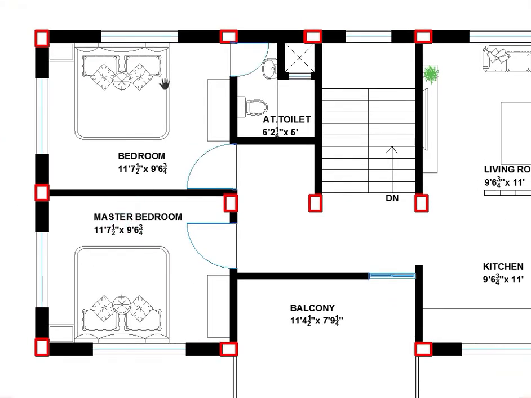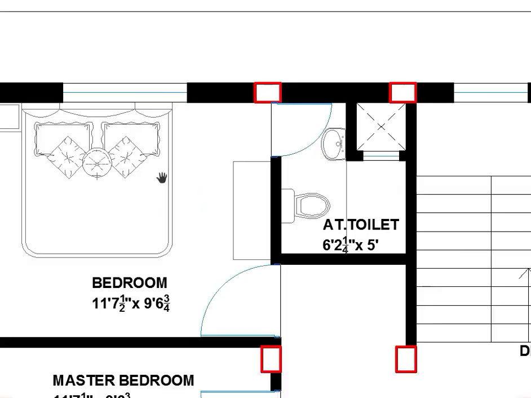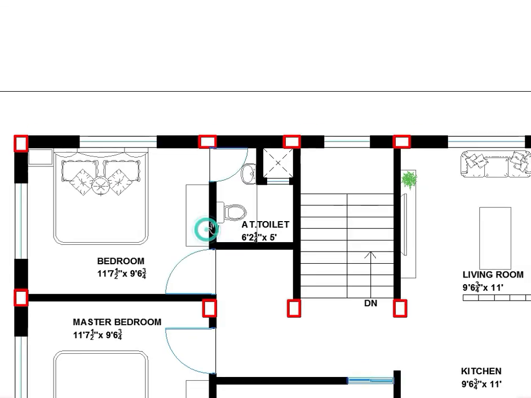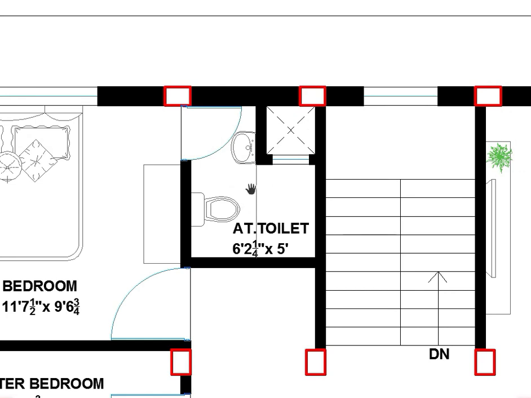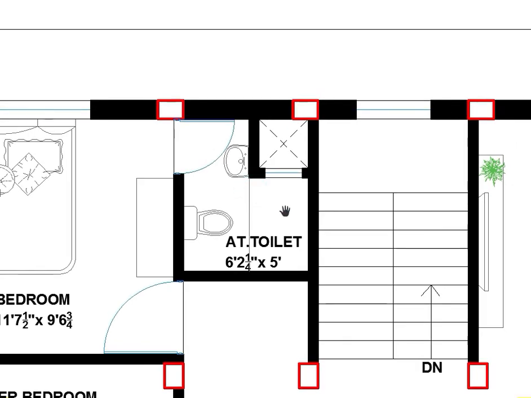This one is the master bedroom, and this one is the other bedroom, which is 11 feet 7 by 9 feet 6. It means horizontally here to here 11 7, and vertically 9 feet 6. This one is the same as this one. Here we provide an attached toilet, which is 6 feet 2 inch by 5.